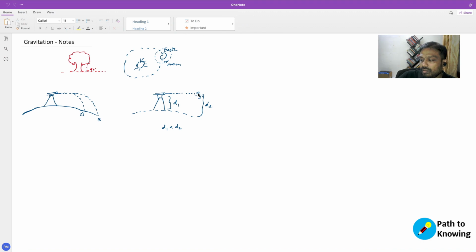Now, what is also likely to have happened is that the Earth would also be moving. So the Earth's curvature would also continuously change.